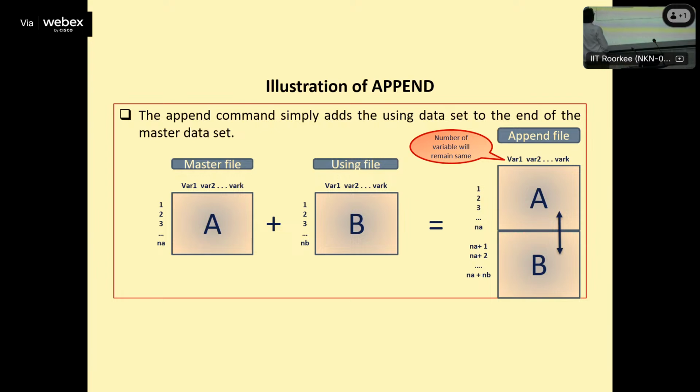If we have a data set as the master file, starting with the data in our STATA, and another we wanted to add or merge, so if the variables are the same, we only want to increase our cases, increase our observations. In that case, it will simply add the observations by their variable. It is simply called appending.